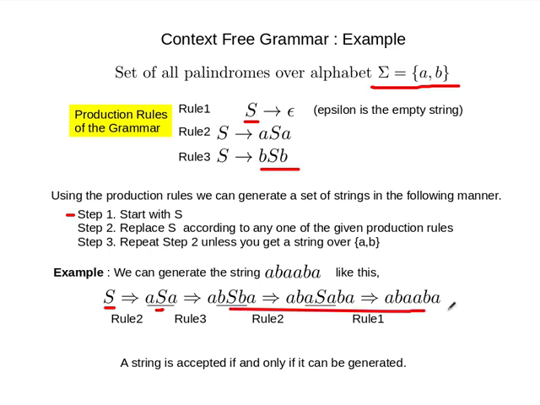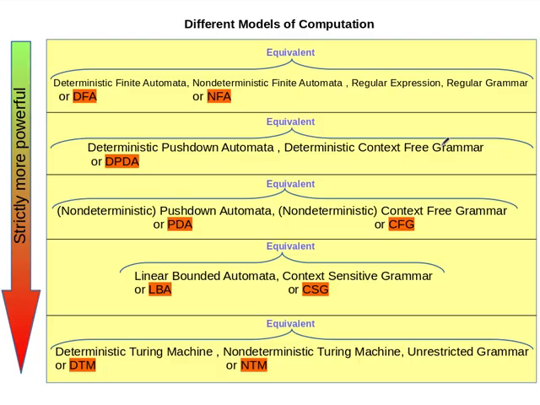So all we get is a string over this alphabet. There is no capital S here. Once we get here, we have generated a string. And that means this string ABAABA is accepted by this grammar. We consider all those strings that are accepted, and that is the language accepted by the grammar. And if you cannot generate some string, that means it is rejected.